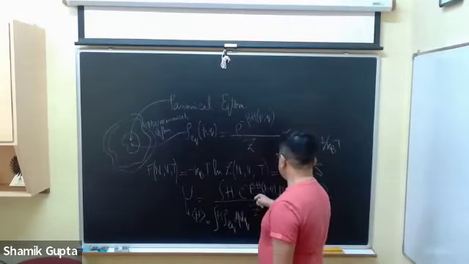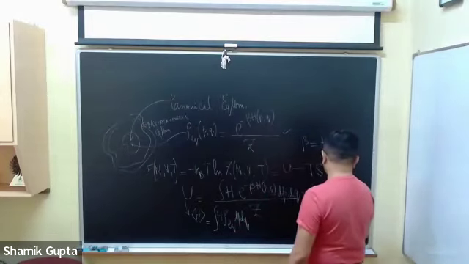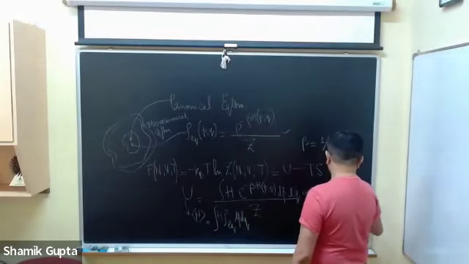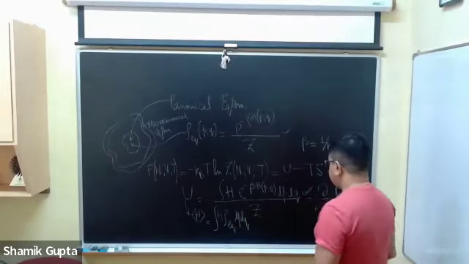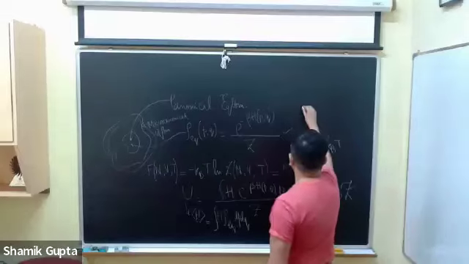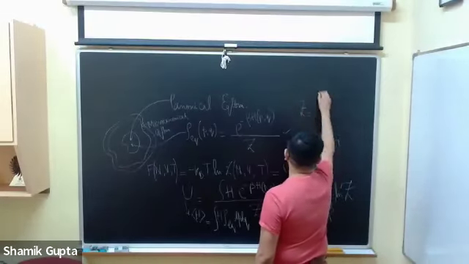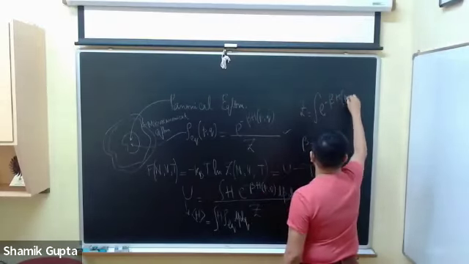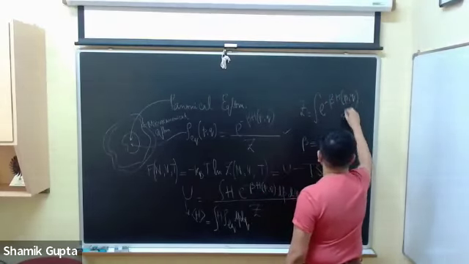But then if I look at this expression, I see that this is nothing but minus del beta of log of the partition function. Because remember the partition function has this formula, the integral of e to the minus beta H of p comma q dp dq.